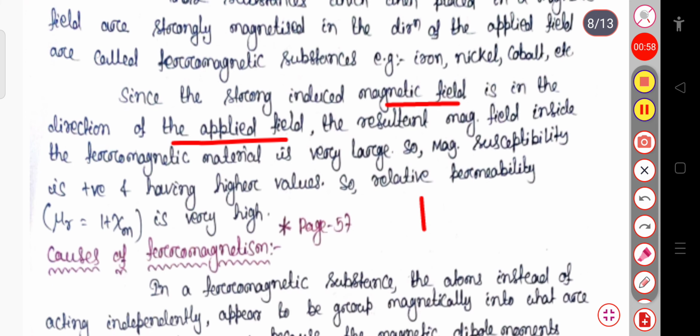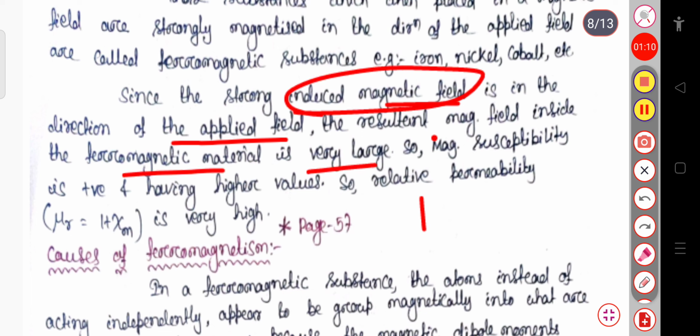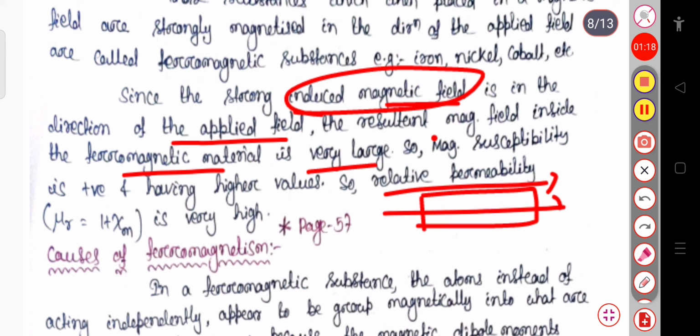Since the strong induced magnetic field is in the direction of the applied field, the resultant magnetic field inside that ferromagnetic metal is very large. Suppose an iron material is placed in a magnetic field. Then inside this ferromagnetic material, because of the dipole moment, a magnetic field is developed that will try to oppose the applied field.